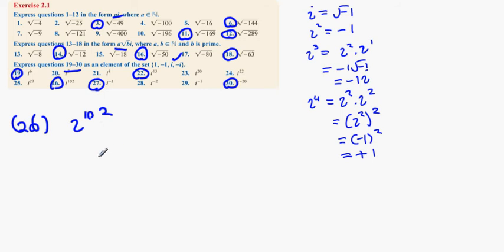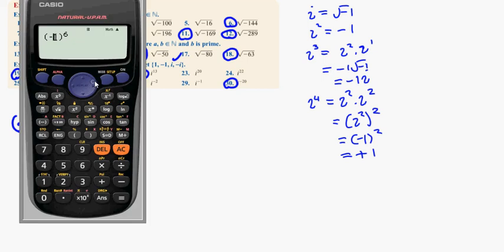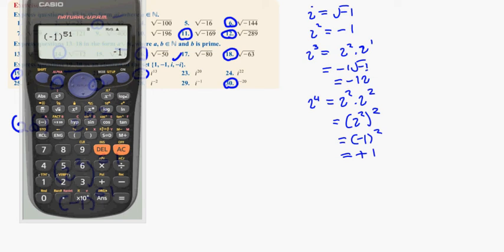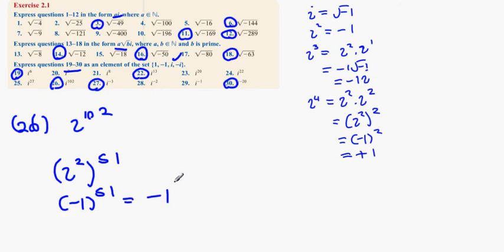When we divide 102 by 2 we get 51, so I'm going to do (i^2)^51. i^2 is minus 1, so (minus 1)^51. Figure out what that is, and we get minus 1. No problem whatsoever there.